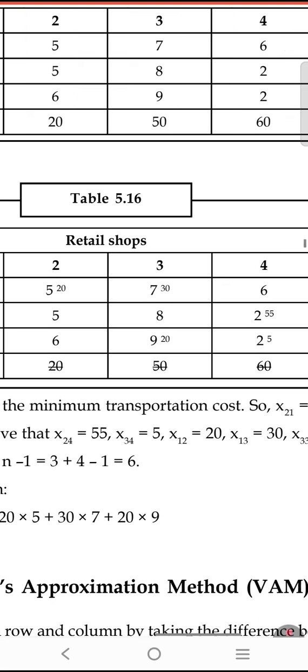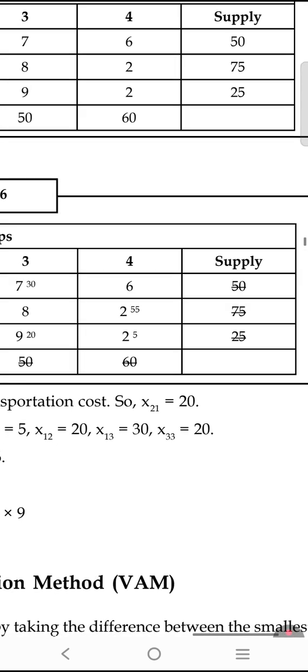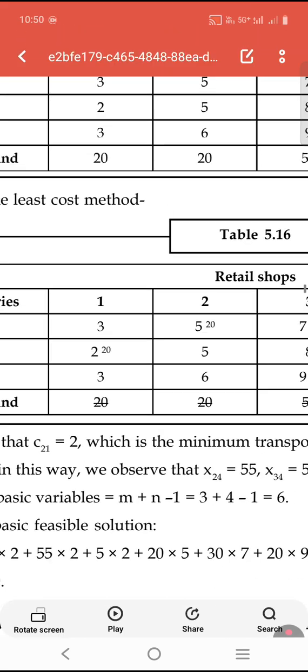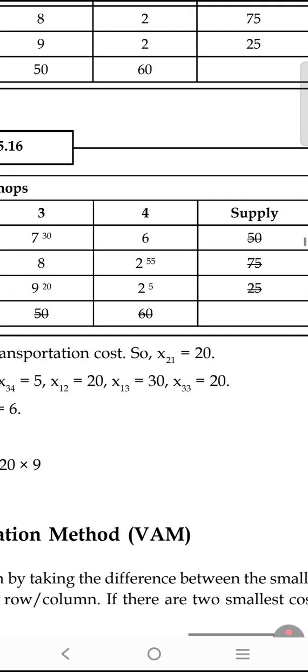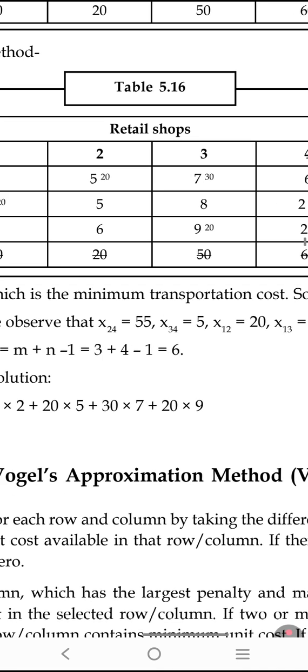Next minimum cost is again 2, and we allocate the remaining demand of 5 in cell 34. Column 4 is crossed out, and the remaining supply is 20.